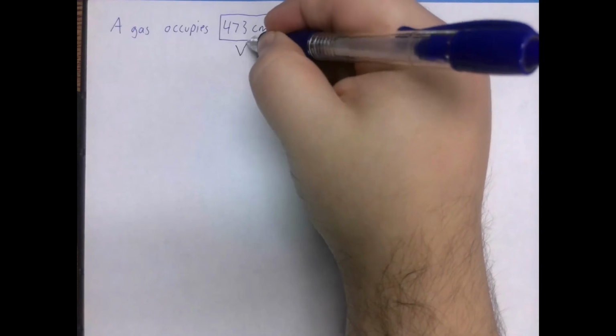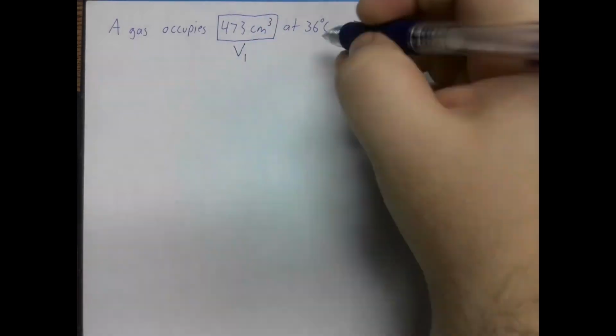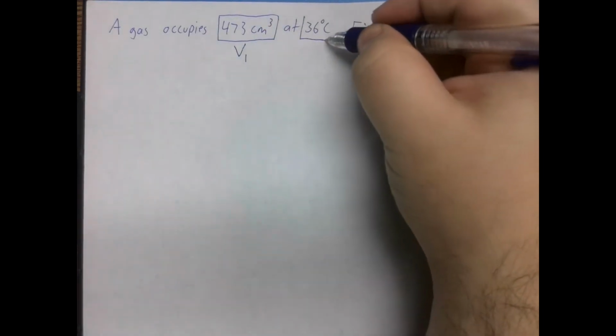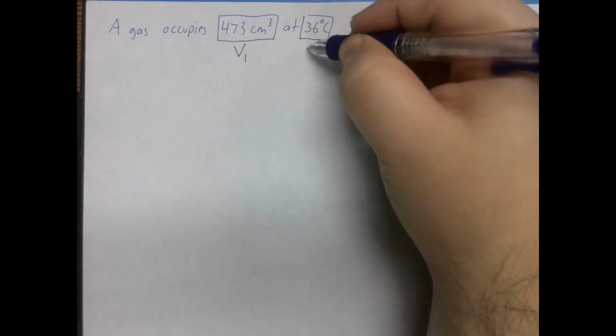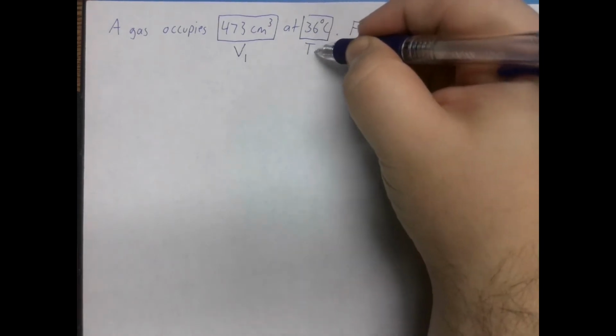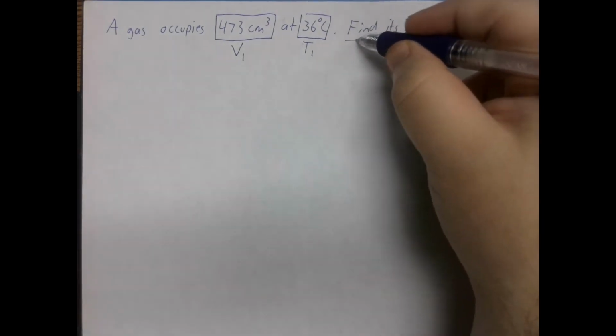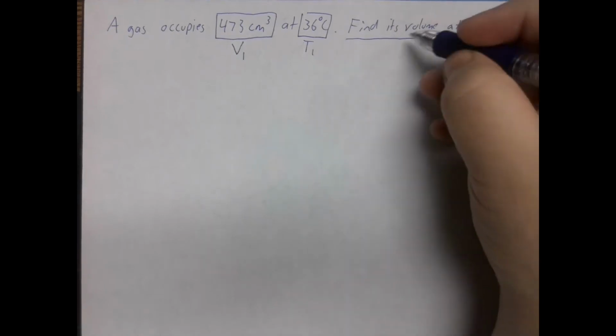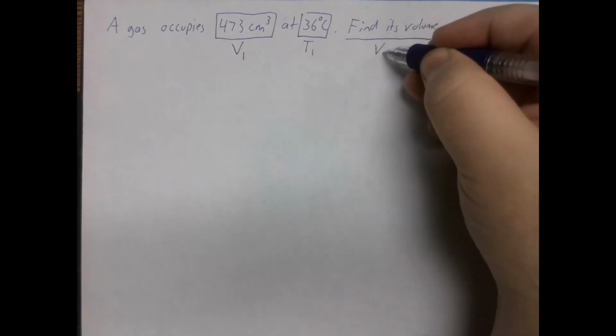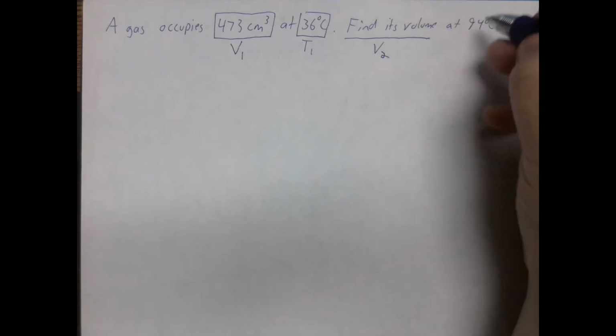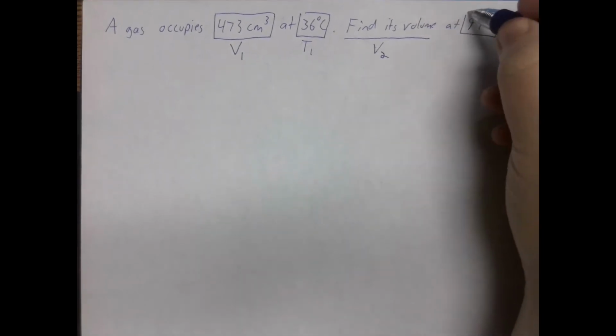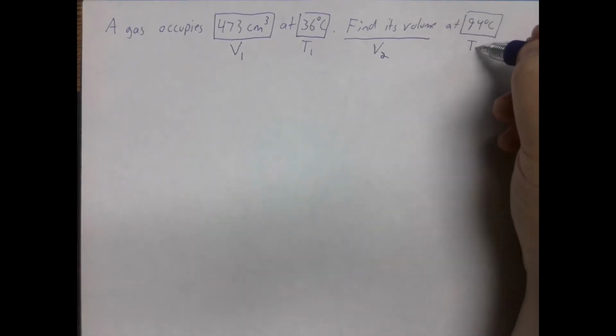So this is your initial volume. At 36 degrees Celsius, that would be your initial temperature. And it's asking you to find volume after it does something, so that would be final volume. And this would be final temperature.